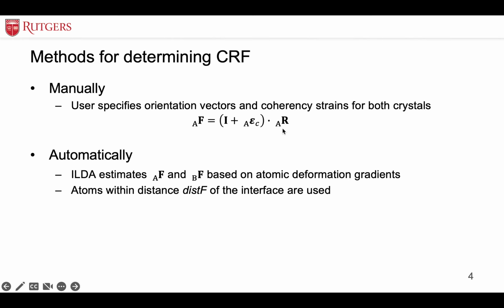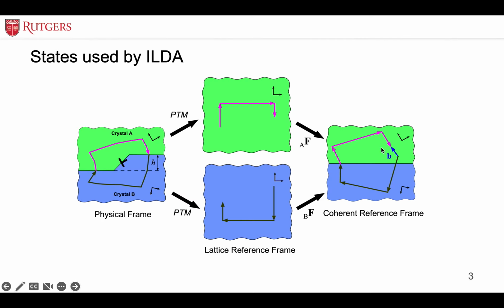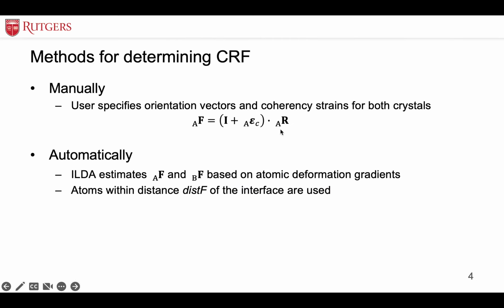The rotation matrix is simply related to how you have to reorient the crystals to get them to be coherent, right? You're going to take this crystal, rotate it some, take this crystal, rotate it some. And so you can make that rotation matrix by just specifying the orientations of the crystal in the interface.